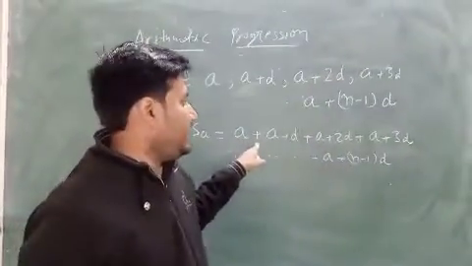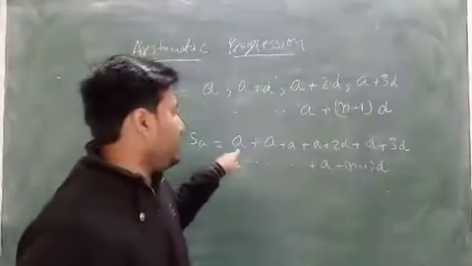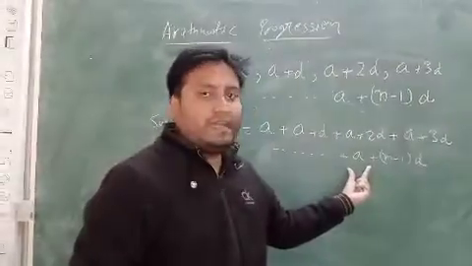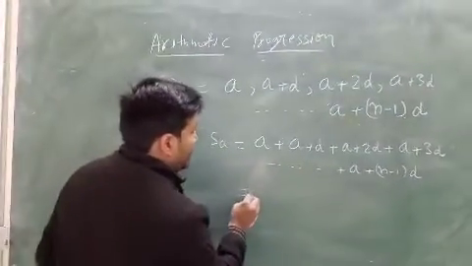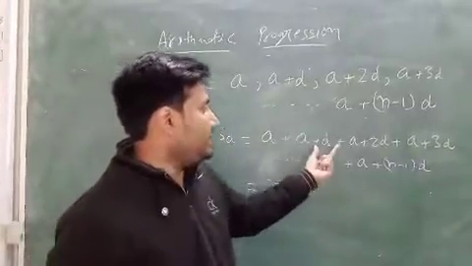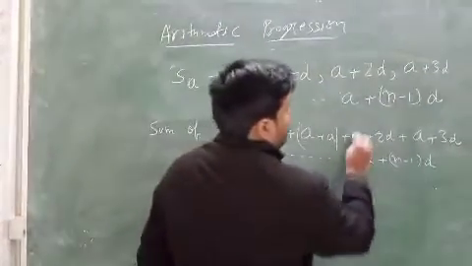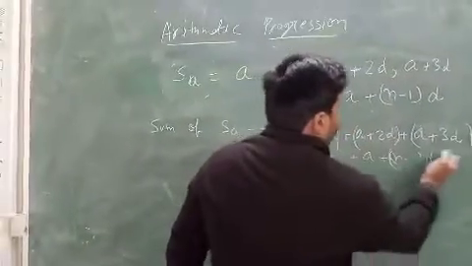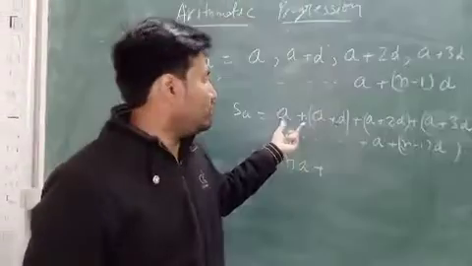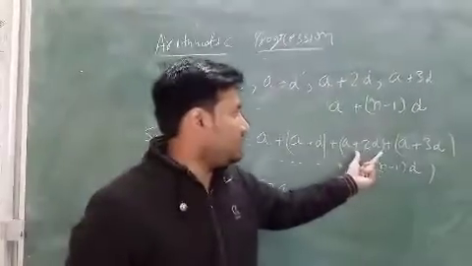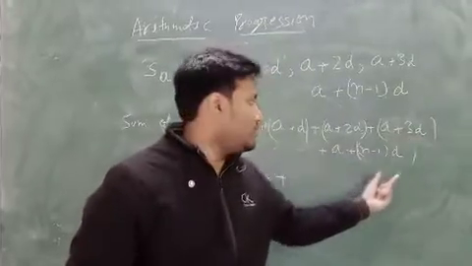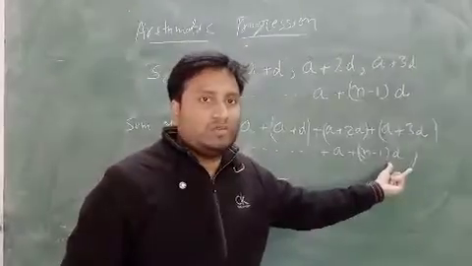Here we can say that a comes out n times: 1 time a, 2 times a, 3 times a, 4 times a, and n times a. So we can write n a plus, how many times does d come? In the first term d does not appear. In the second term d appears, in the third term 2d appears, and in the nth term (n minus 1) into d appears.